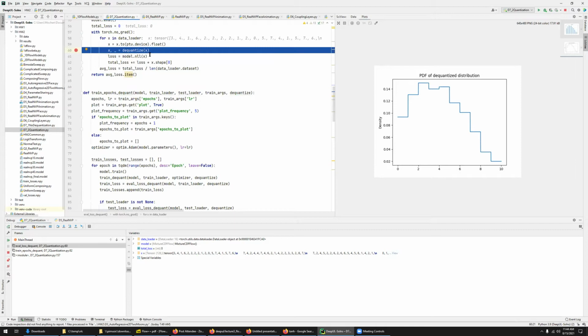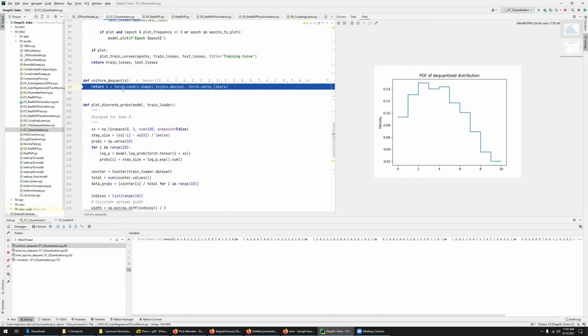I can go into it. It just takes a torch.rand, which gives you a value of uniform distribution between 0 and 1, and then you add it to X. So you're just adding noise to it, uniformly distributed in the X regions.